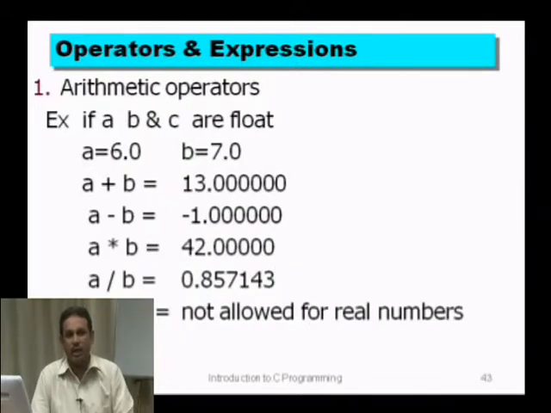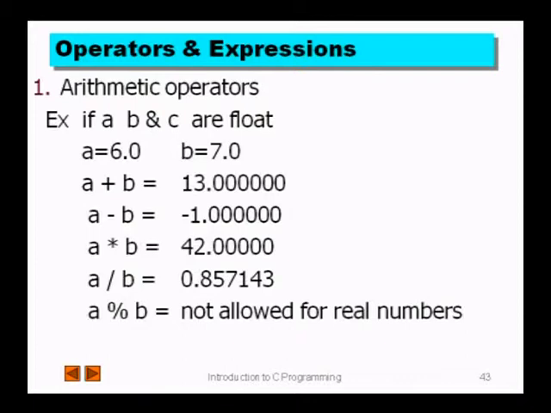Next, arithmetic operators. Suppose the variable data type is float. Here a is equal to 6.0 and b is equal to 7.0. The sum a plus b is 13, a minus b is minus 1.00, multiplication is 42, and a divided by b: 6 divided by 7 is 0.857143 whatever it is.